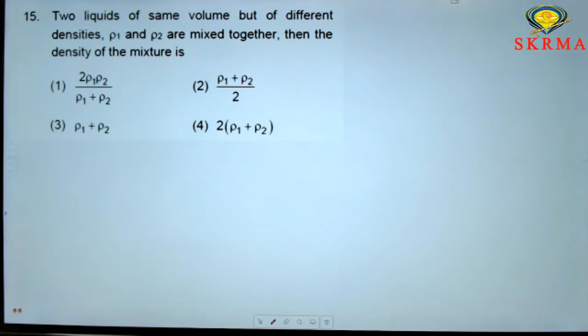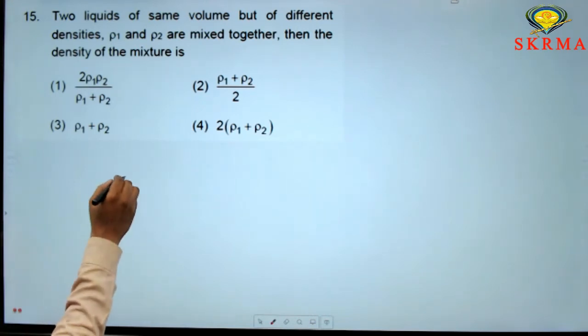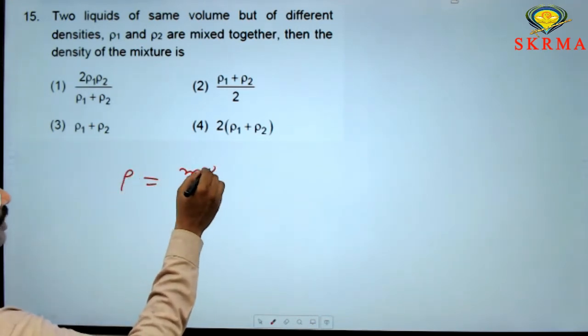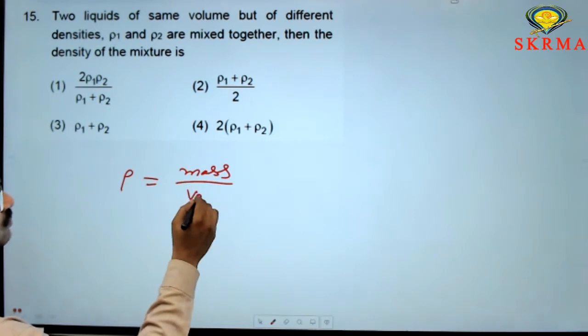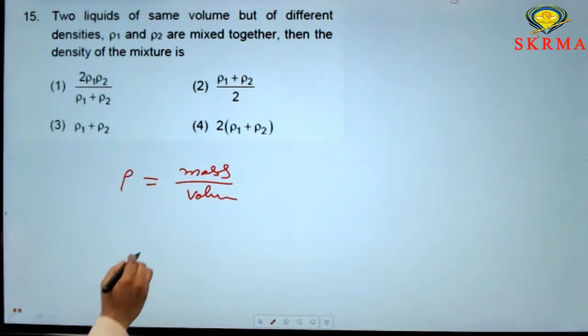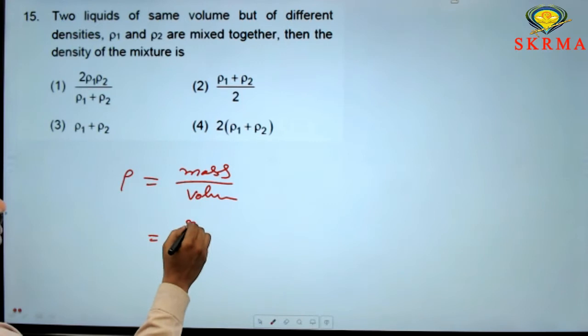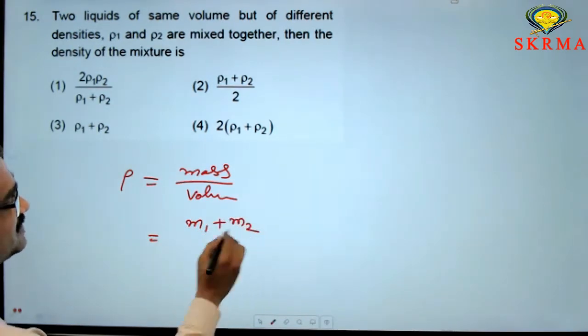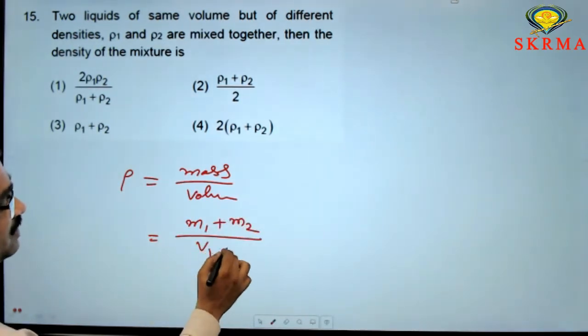Next, two liquids of the same volume but different densities rho 1, rho 2 are mixed together. Then the density of the mixture. Density formula is total mass by total volume. Mass is m1 plus m2, by total volume v1 plus v2.